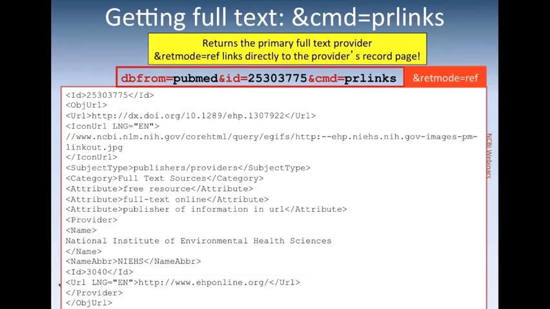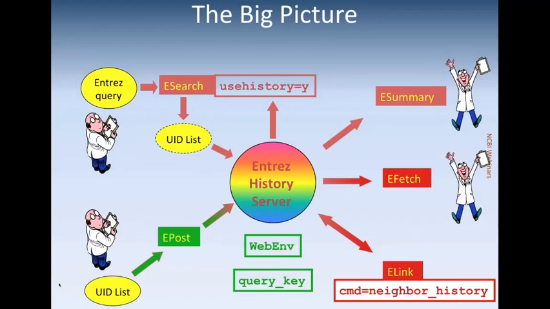So now let's get back and sum up where we've been so far. This is the big picture of the way that utilities work. You can start in a couple of different ways, either with a text Entrez query, which you'd provide to ESearch, or, and I know we haven't talked a lot about this, you can start with a UID list and use EPost.